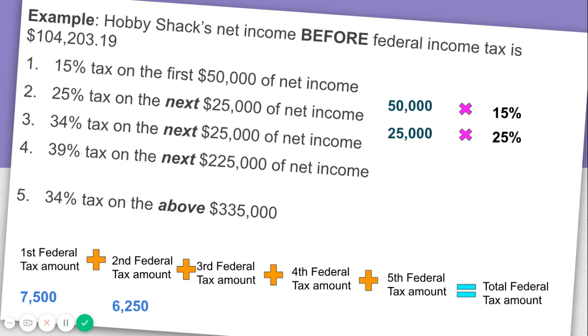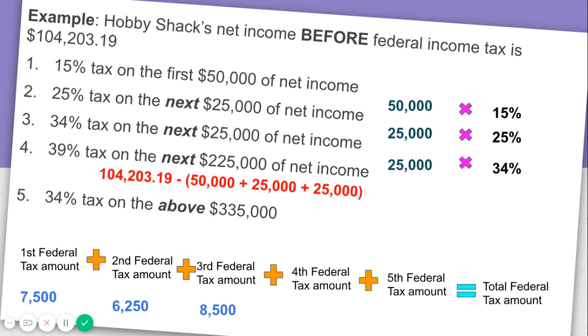On the next 25,000, we take 25,000 times the 34%, we get 8,500. So we're up to 100,000. On the next 225,000, so we have to see where we are. We take our 104,000 minus the combined total of the 3 previous, and we're left with 4,000.